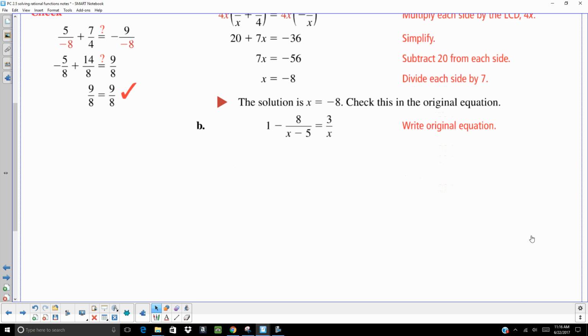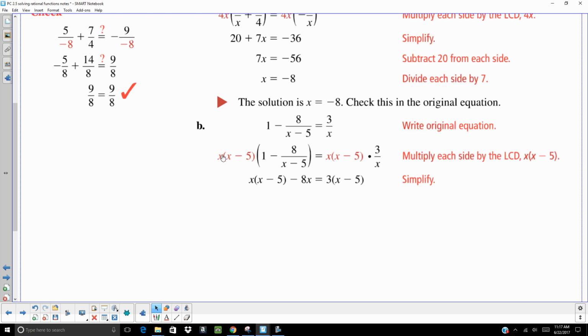I've got 1 over x, minus 8 over x minus 5, equals 3 over x. So that's kind of just an ugly problem. I'm going to find out what my common denominator is. Well, it would be x times x minus 5. So I'm going to multiply each term by x times quantity x minus 5.